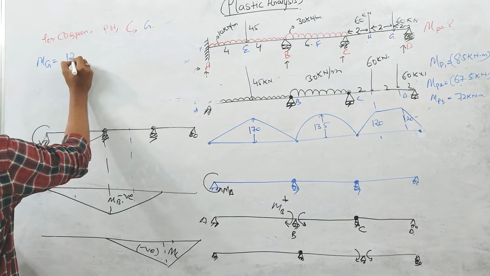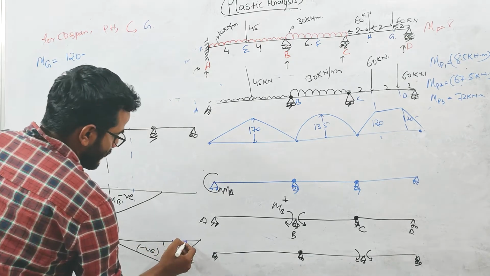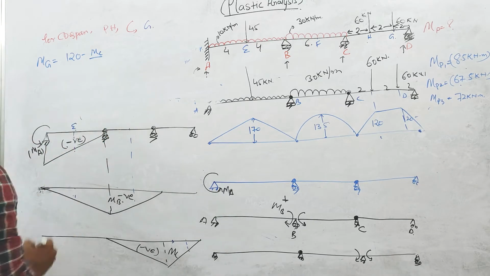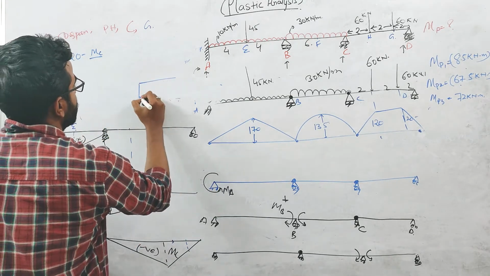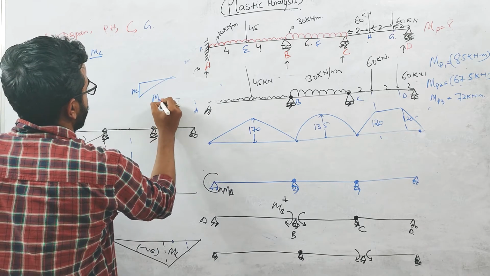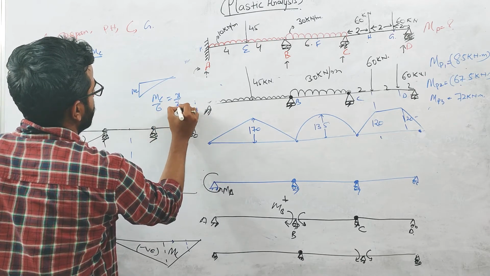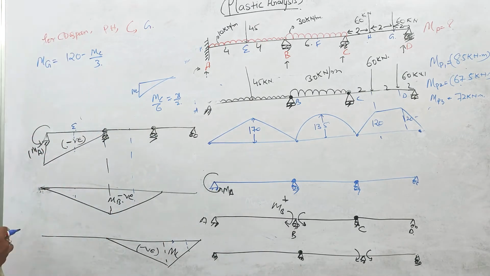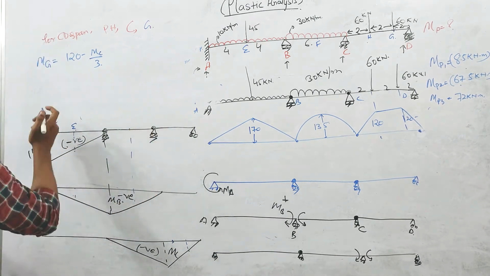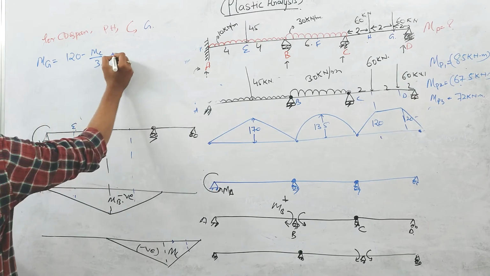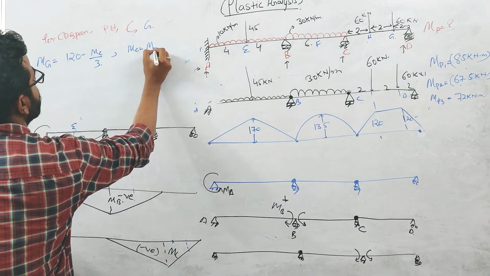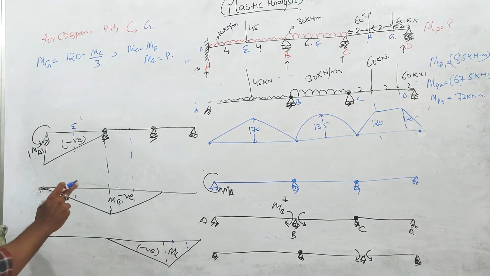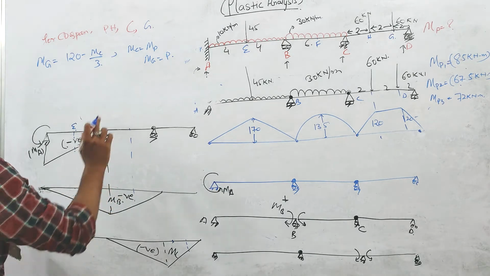MG equals 120 minus the moment at this point, which will be MC by... if you use linear interpolation here, MC over 6 equals X over 2. So the moment at this point will be MC by 3, right? For the plastic collapse, MC equals MP and MG equals MP. I'm not writing MC equal to minus MP again because I have already taken MC as negative, right?